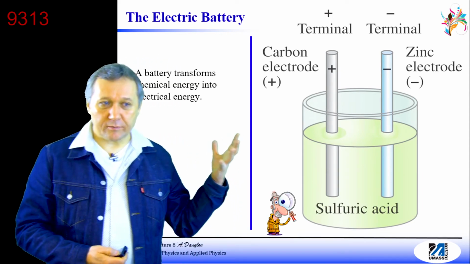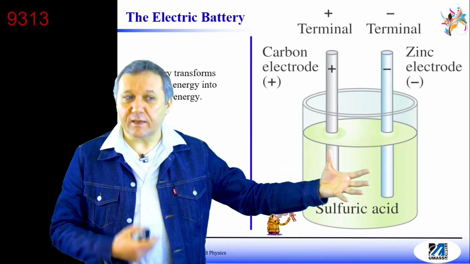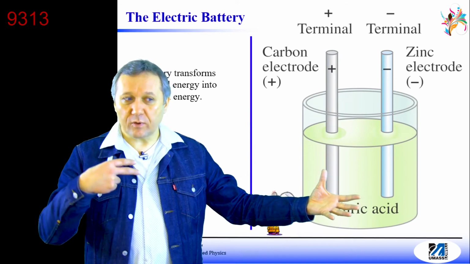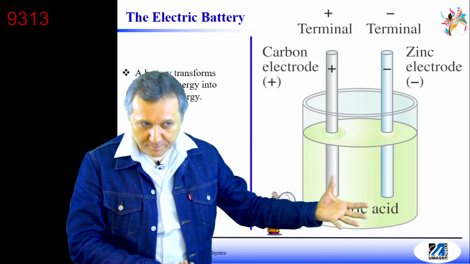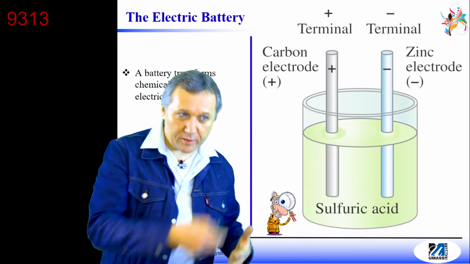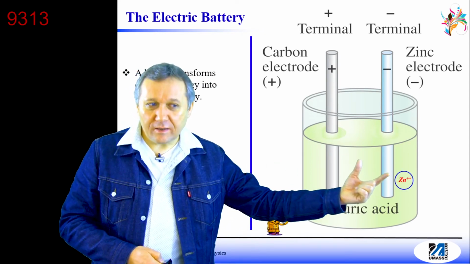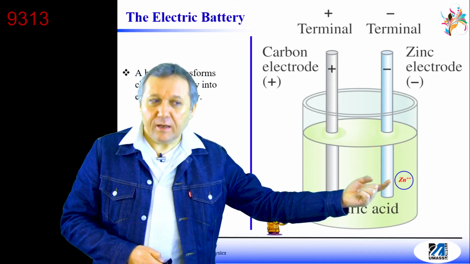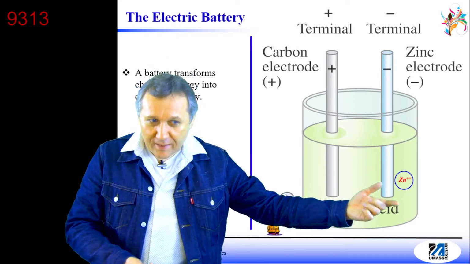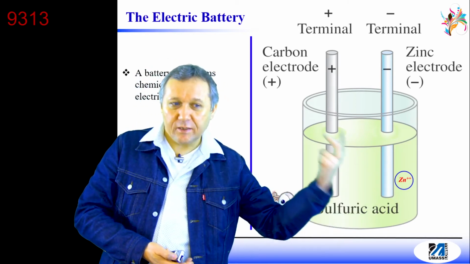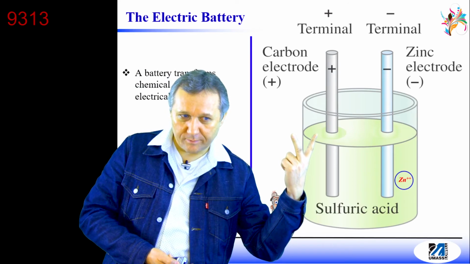During that chemical reaction, atoms of zinc get dissolved. An atom of zinc gets dissolved and leaves behind 2 electrons.